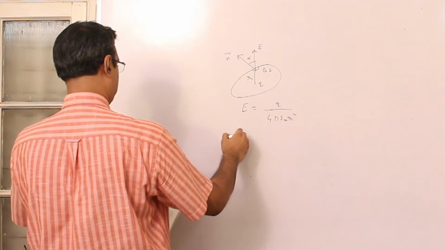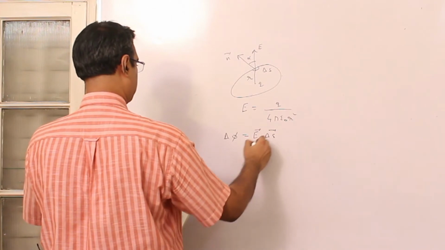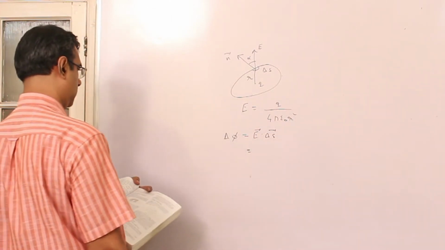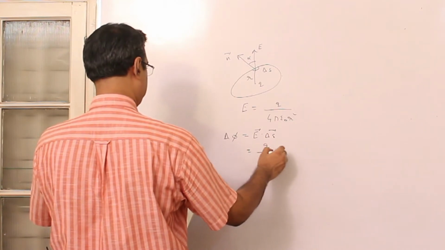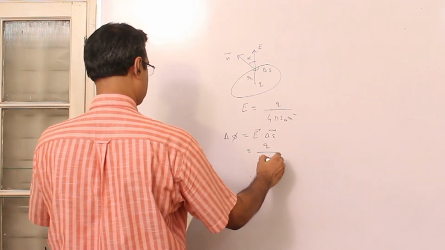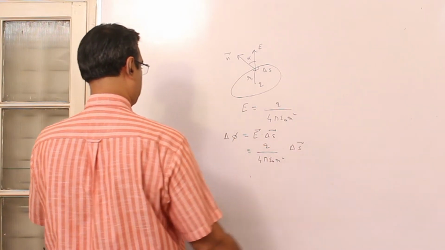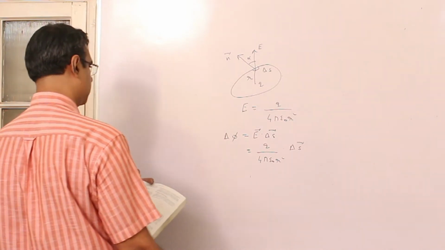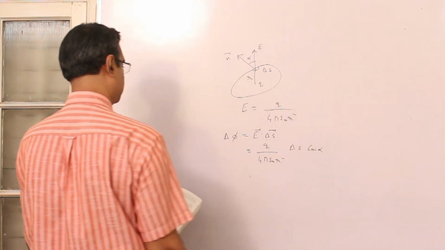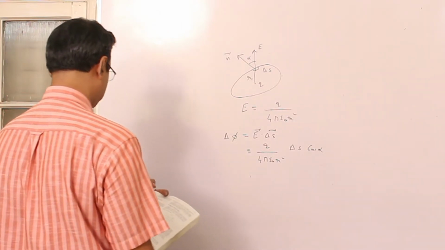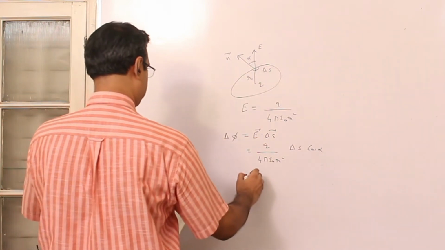So the flux of the field through delta S will be given by q by 4 pi epsilon naught r square dot delta S, or you can say q by 4 pi epsilon naught r square into delta S into cos alpha. So this will be the flux of this electric field through this area.